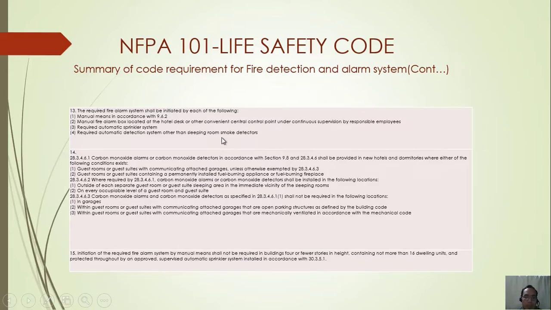So it means you are required to have a fire alarm system with initiating devices, either of the following: manual means or a manual push station, or a manual push station at a central control point, which is continuously supervised by responsible employees, or a required automatic sprinkler system, or a required automatic detection system other than sleeping room smoke detectors.